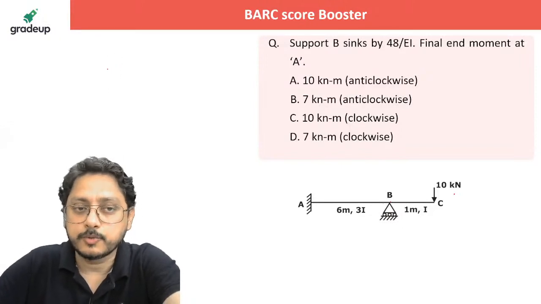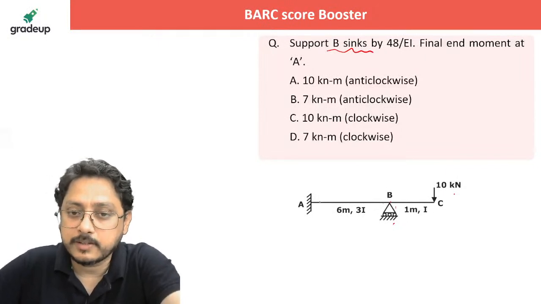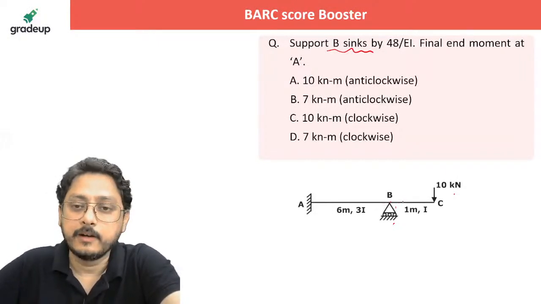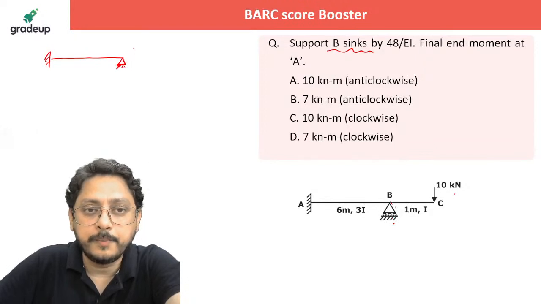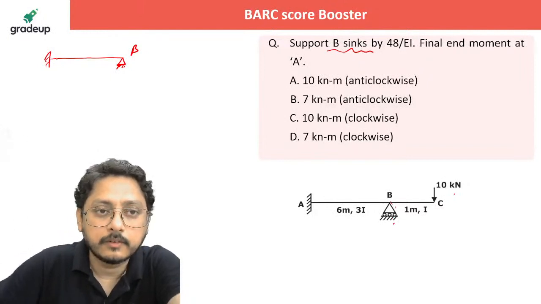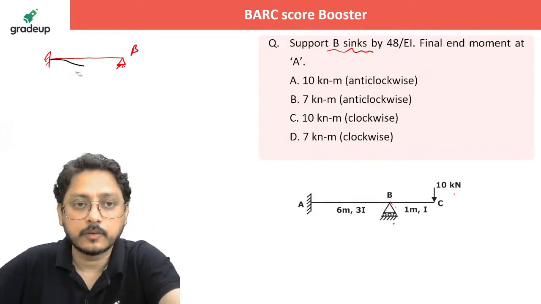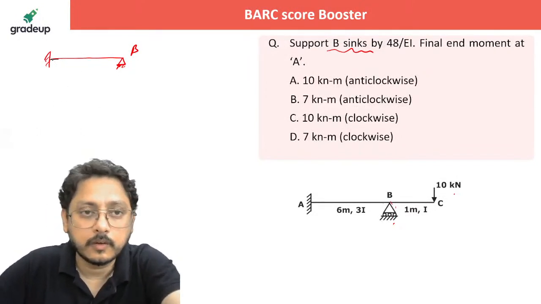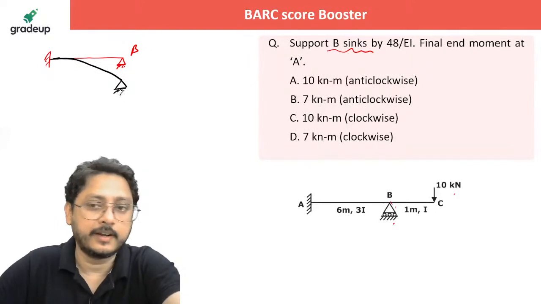So if you draw the moment distribution table, but before that he is saying that B is sinking. If joint B is going to get sinked by some amount, what will happen? Due to the sinking of support B, this is the deflected shape of the beam which you will get here, right?